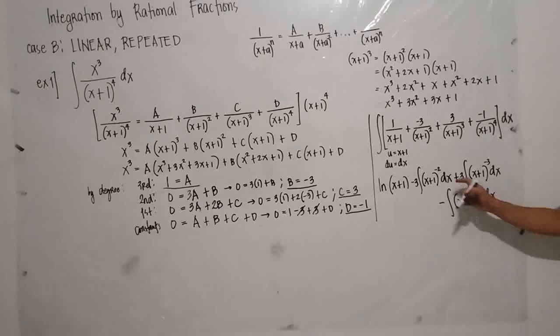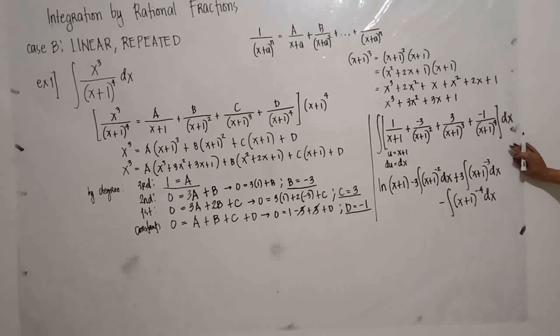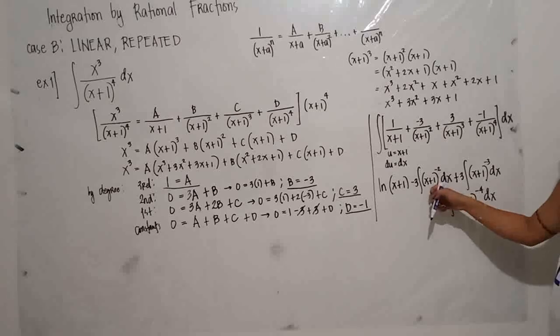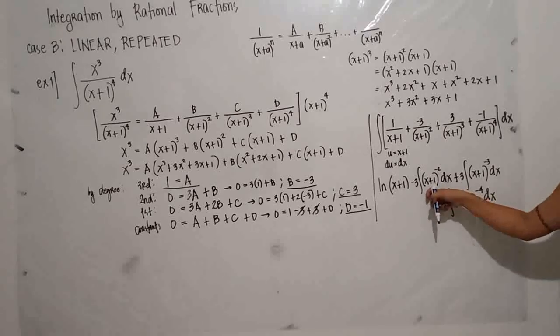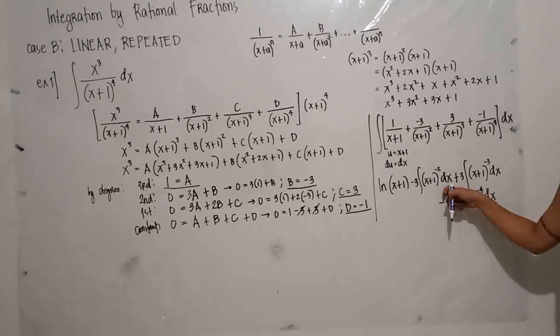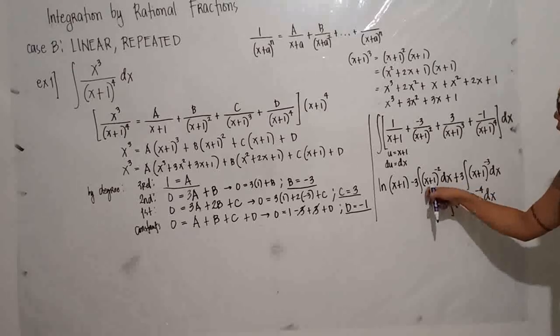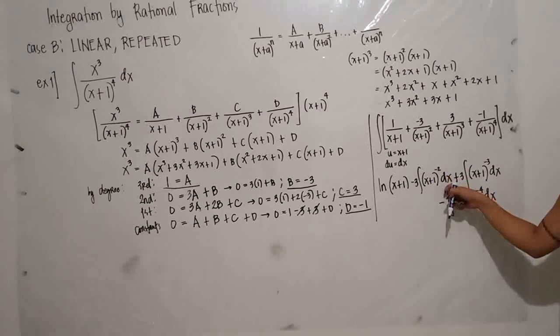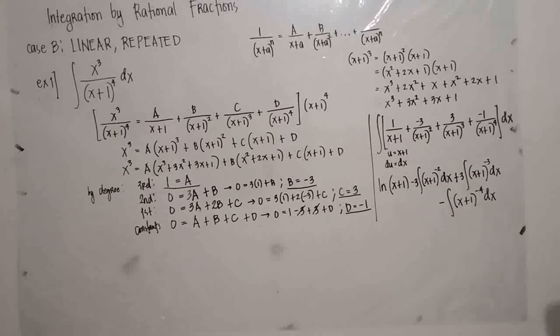So, itinaas lang natin lahat ng denominator for us to integrate yung equation. So, this will be, if you let u as x plus 1, your du is dx. So, you will now have u raised to negative 2 du. So, ang mangyayari is u raised to negative 2 plus 1 over negative 2 plus 1.